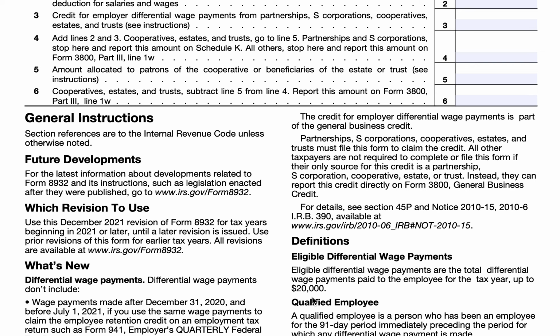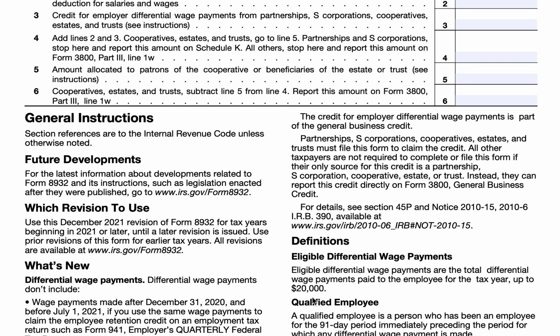For the IRS to consider a differential wage payment, the payment itself must meet two requirements. First, it's made to a qualified employee for any period during which the employee is performing service in the uniformed services of the United States while on active duty for a period of at least 30 days.